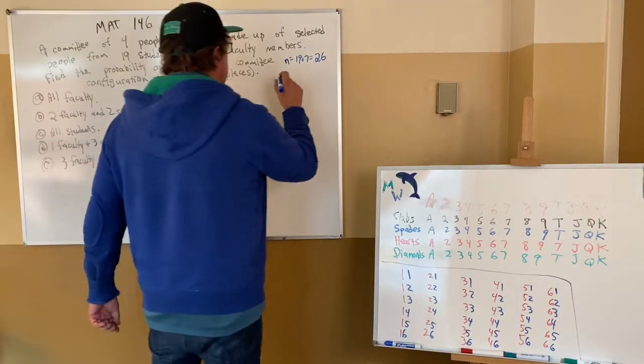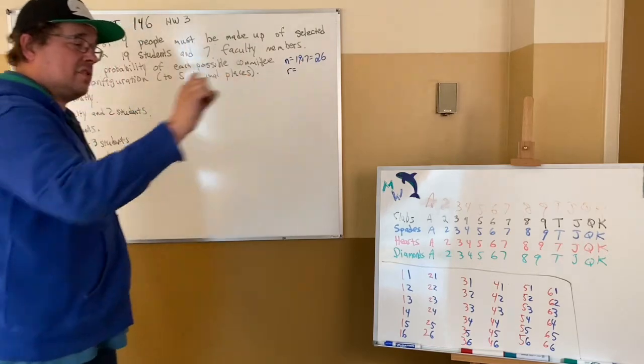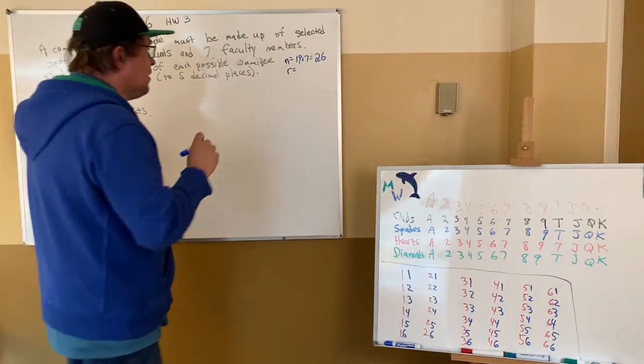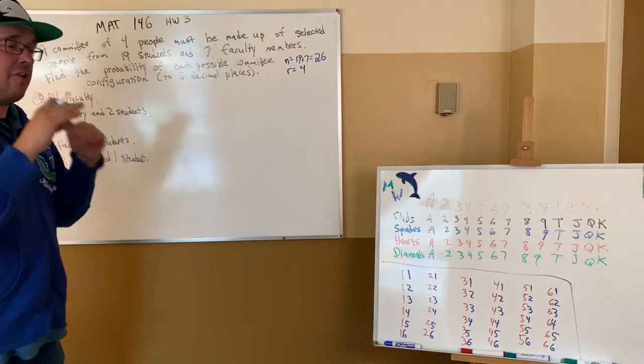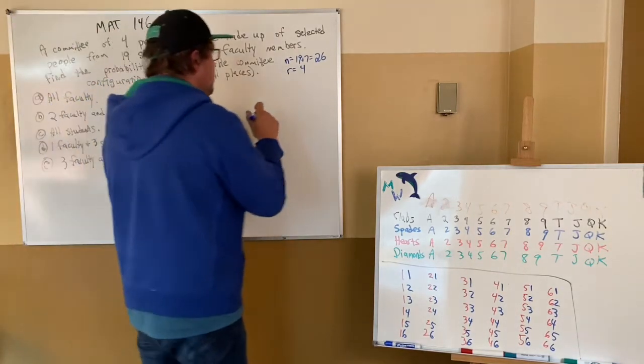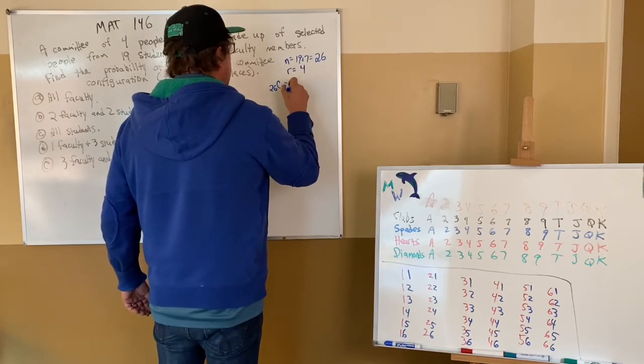And r is 4: only 4 of the 26 will make it to the committee. So now we're dealing with combinations of people. We're going to need 26 choose 4.